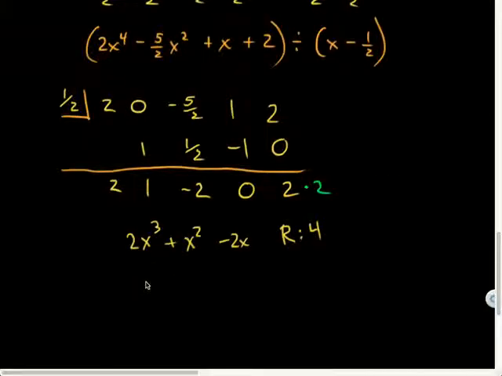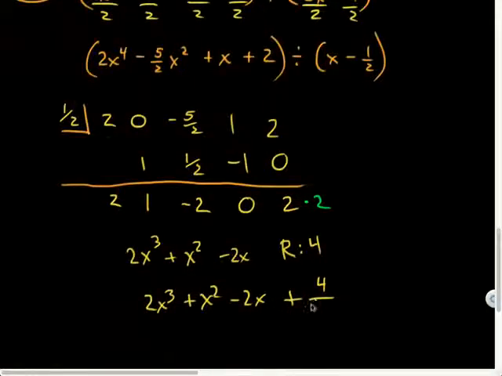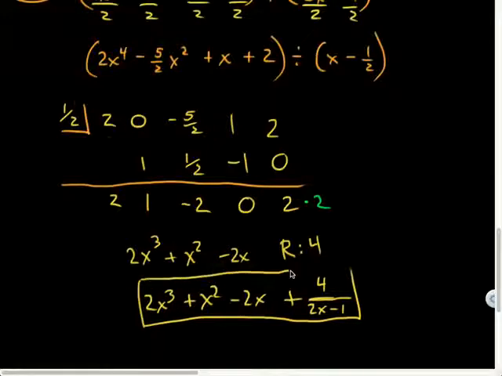So if I wanted to write this, I could write 2x cubed plus x squared minus 2x plus 4 over 2x minus 1. Okay? So that little remainder trick at the end can be throwing you for a loop as well. So be careful of that, friends.